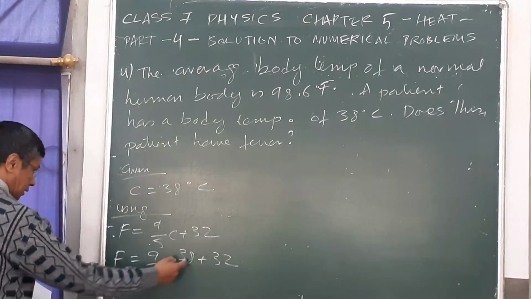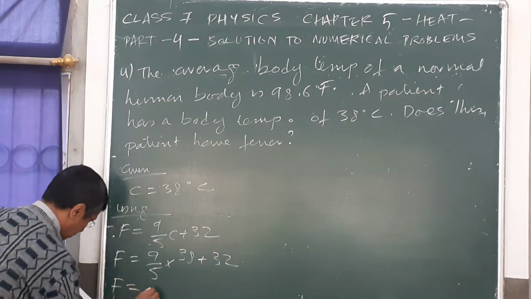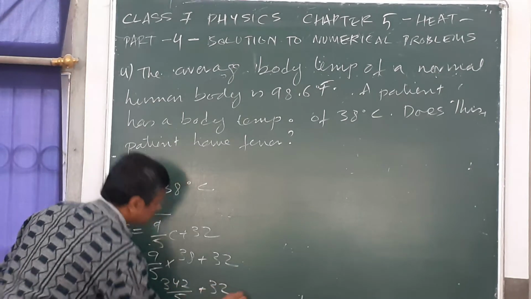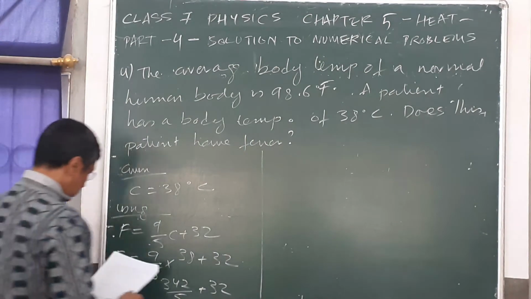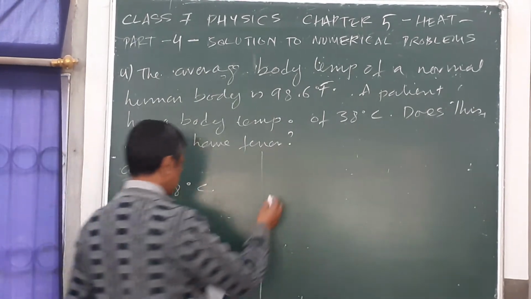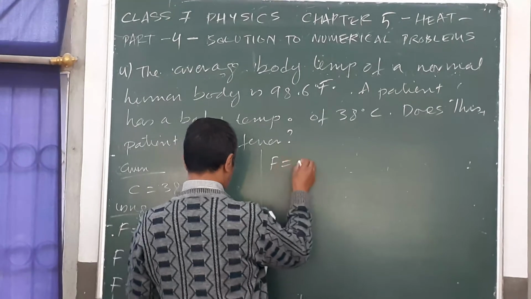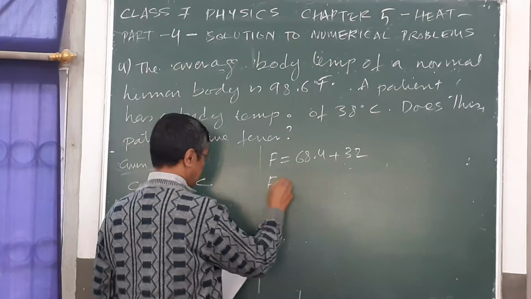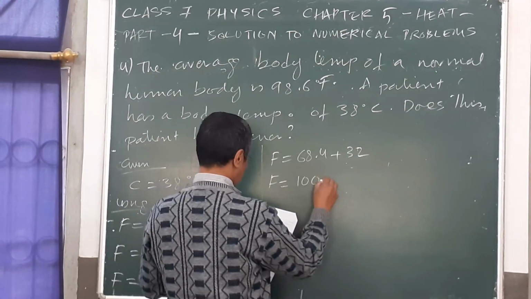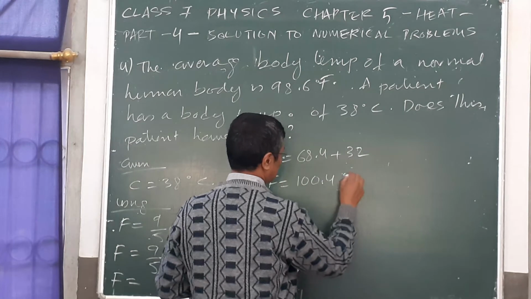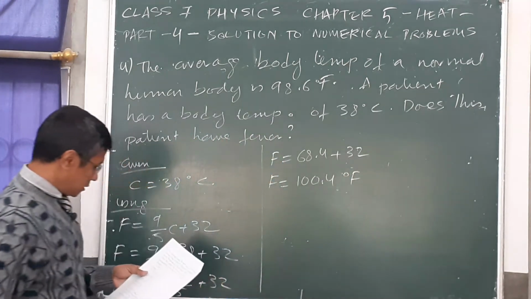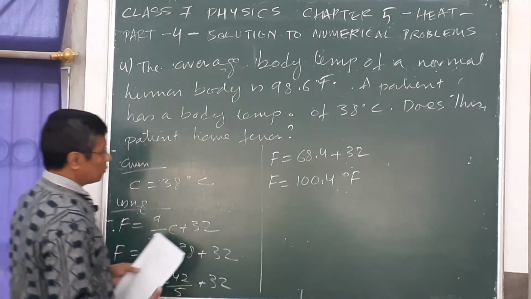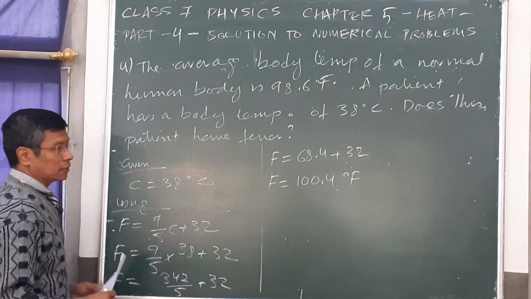Now, we cannot reduce 38 and 5. So, we will multiply that and we will get 342 divided by 5, plus 32. After we do long division, 342 divided by 5 will give us 68.4, to which we add 32, and our temperature in the Fahrenheit scale is 100.4 degrees Fahrenheit. This is the temperature of the patient in the Fahrenheit scale.